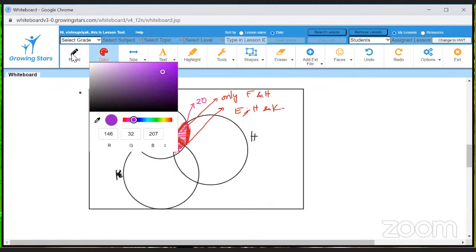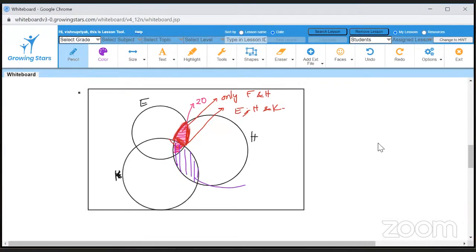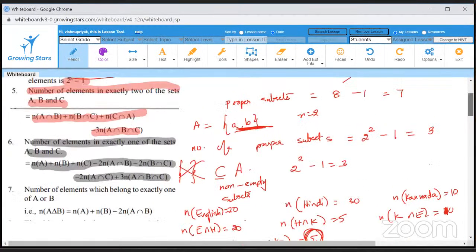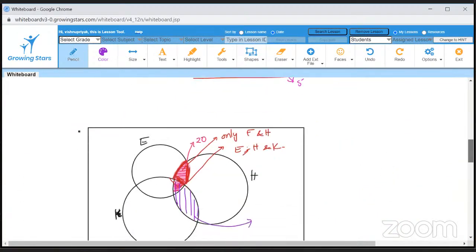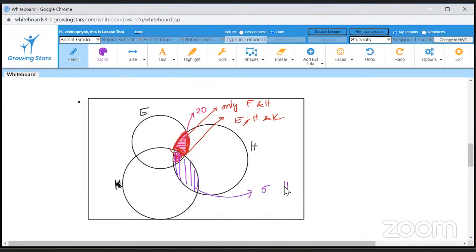Next one, what I'm saying, if you take this region, how many people I said? 5 people. 5 people speak Hindi and Kannada.